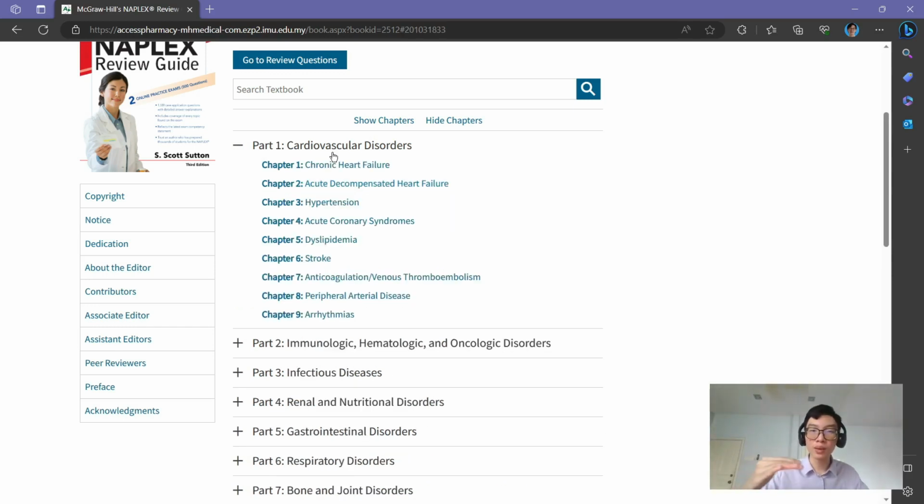Chapter 1 is about chronic heart failure, chapter 2 is acute decompensated heart failure, chapter 3 is hypertension, followed by acute coronary syndromes, dyslipidemia, stroke, anticoagulation, venous thromboembolisms, peripheral arterial diseases, and arrhythmias. So it's by chapter and by different diseases.